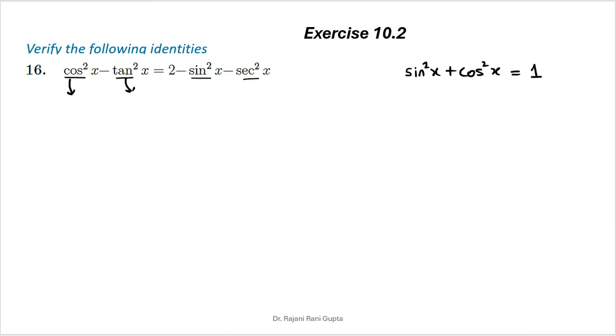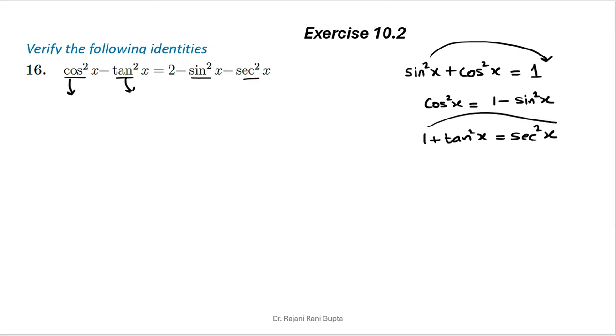When you want cos in terms of sine, you move sine to the other side. This gives you cos square x equals 1 minus sine square x. Now for tan, you know that 1 plus tan square x is secant square x. You want the value of tan, so you move 1 to the other side. This gives you tan square x as secant square x minus 1.